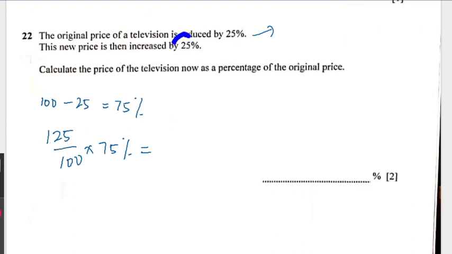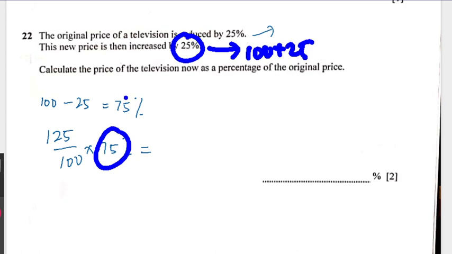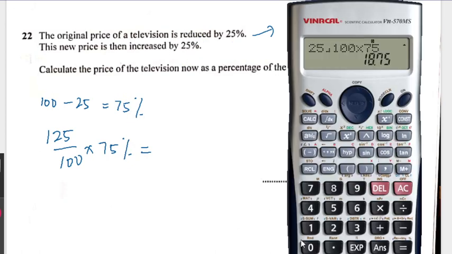Because it's then increased by 25, so your percentage should be 100 plus 25. But it must be from the reduced price, okay? So let's see, 125 over 100 times 75, okay? So here we will get, what is that? 93.75%.